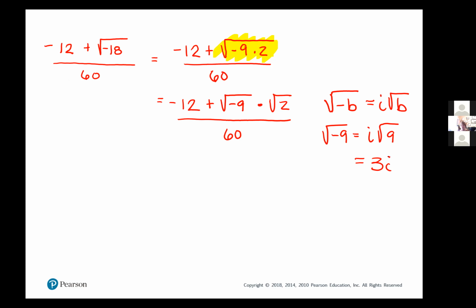And again, why is the square root of -9 3i? Because what do you square to get -9? If I take 3i and I square it, I get 9i squared. But i squared is -1, so 3i squared is -9.